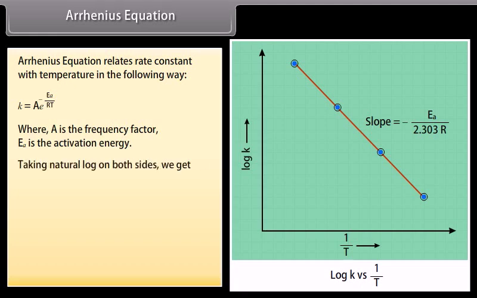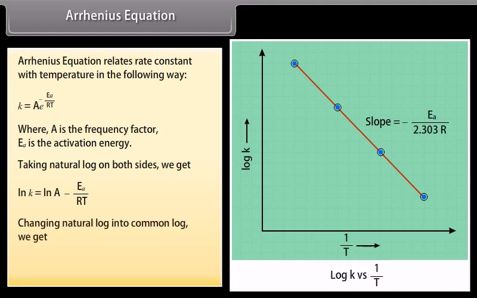Taking natural log on both sides, we get ln k = ln A - Ea/RT. Changing natural log into common log, we get log k = log A - Ea/(2.303 RT).